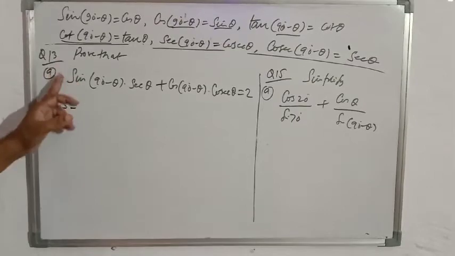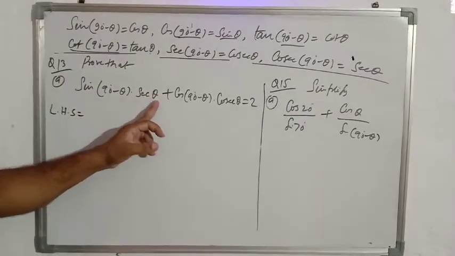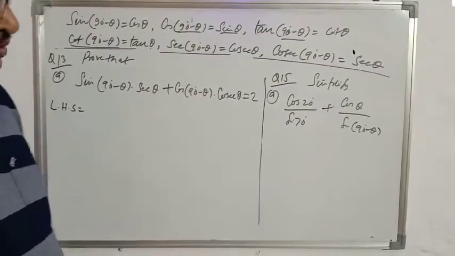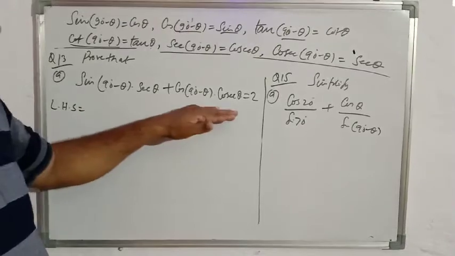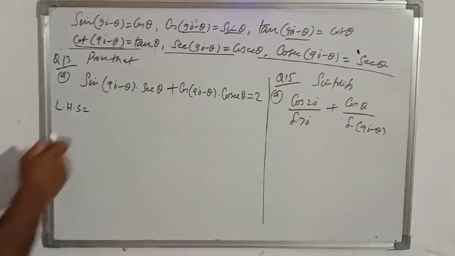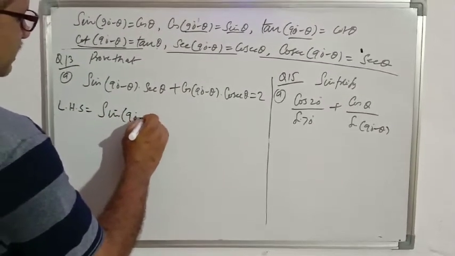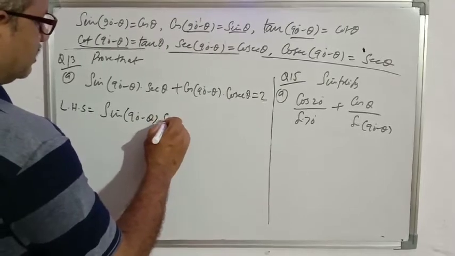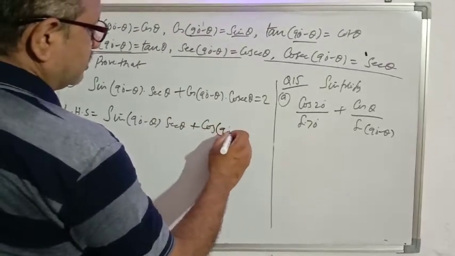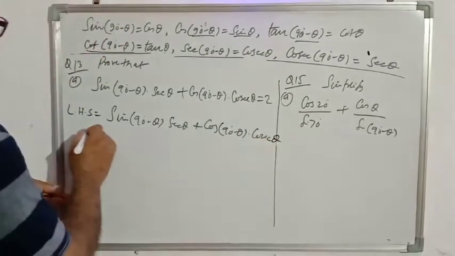See question number 13, first part. We have to prove that sin 90 minus theta into sec theta plus cos 90 minus theta into cosec theta is equal to 2. So again we will take left hand side and we have to prove its value will come 2. So take LHS. Sin 90 minus theta into sec theta plus cos 90 minus theta into cosec theta.